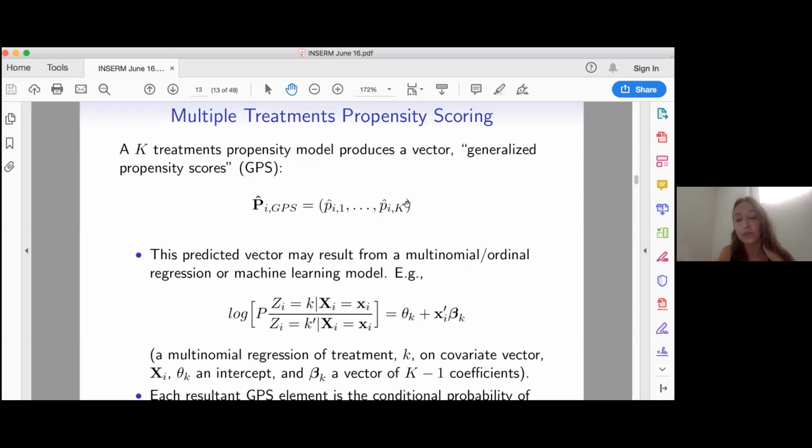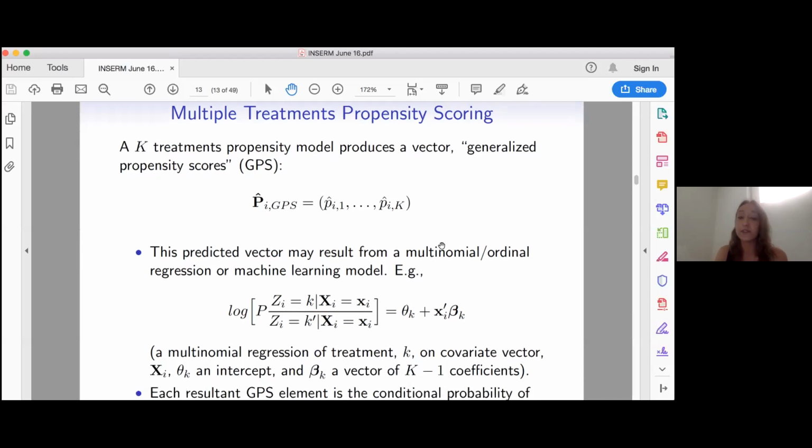Treatment 1 through treatment K, where the last part of the vector is fully defined. Okay, so this is not a balancing score anymore, this is a vector. So now we leave the nice world of the balancing score literature where all the theory has been proved, and we have to figure out how to get causal effects, right?